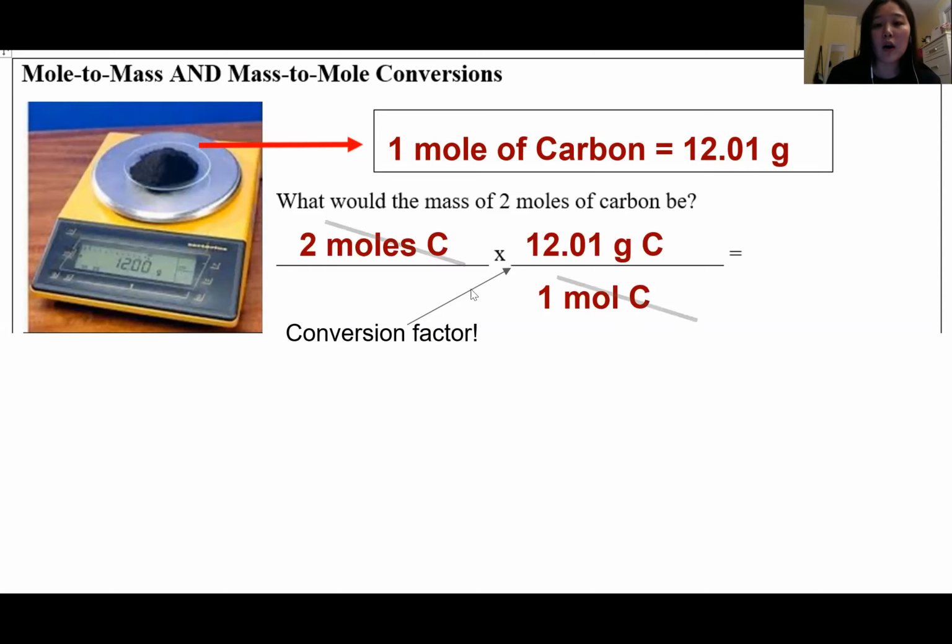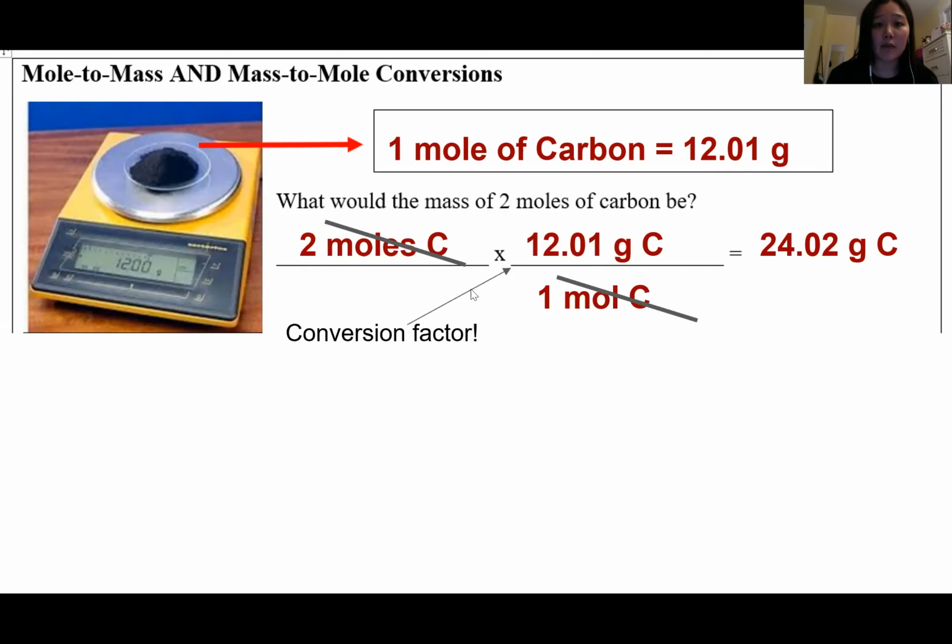So when we use conversion factors, whatever you put on the bottom of your conversion factor is the unit that cancels out. So here, the moles cancel out, and once we cancel the moles out, we get grams as our final answer. We have 24.02 grams of carbon. And all we plug into the calculator is 2 times 12.01 to get 24.02 grams.